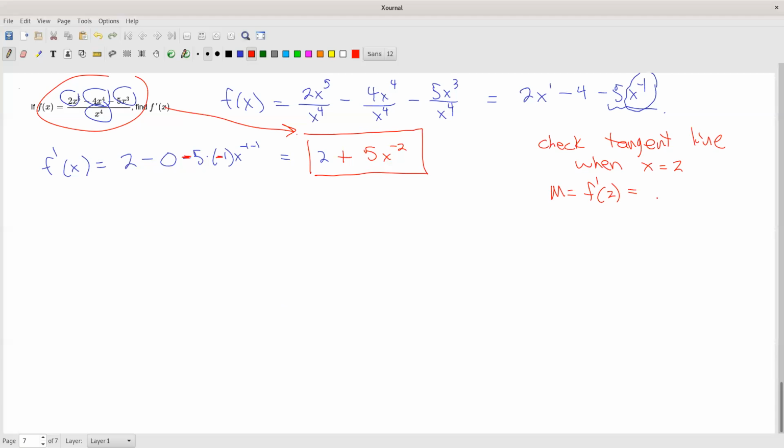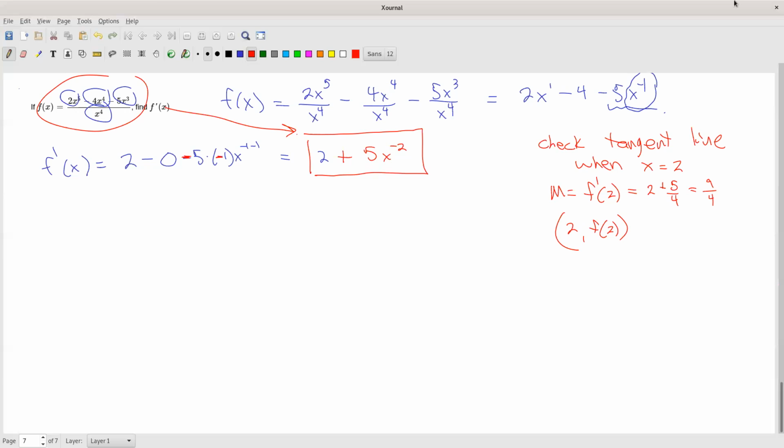So the slope would be 2 plus 5/4. And again, we can just plug that into the calculator in a minute. What would that be? That would be 9/4, or 2.25, and then the point of interest is whatever f of 2 is. And so I think I'm going to ask my calculator about that. So let's get a calculator out and check this.